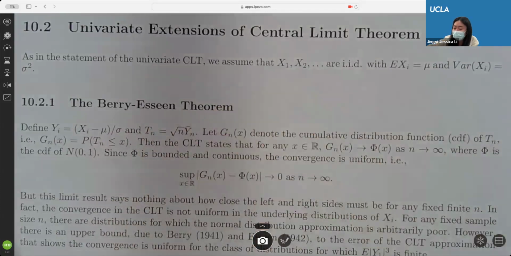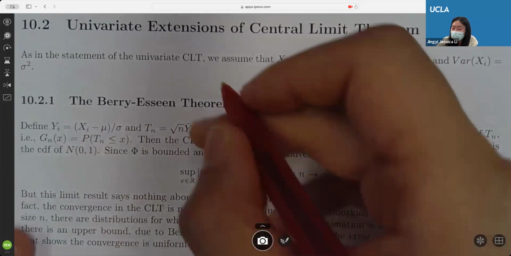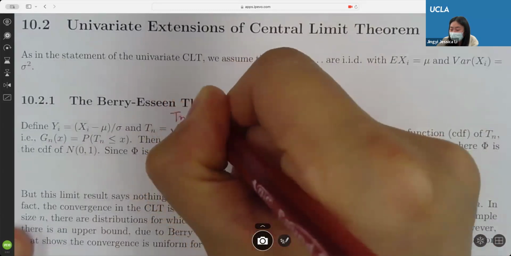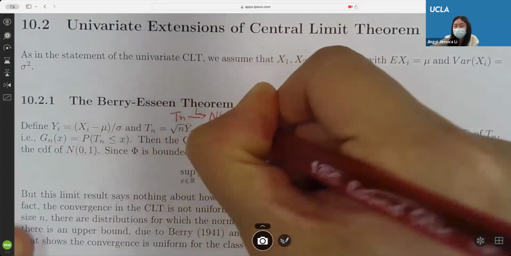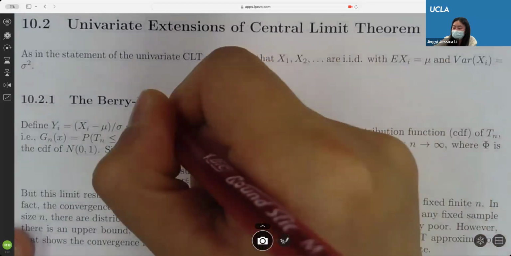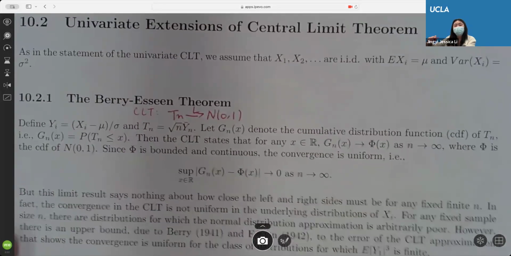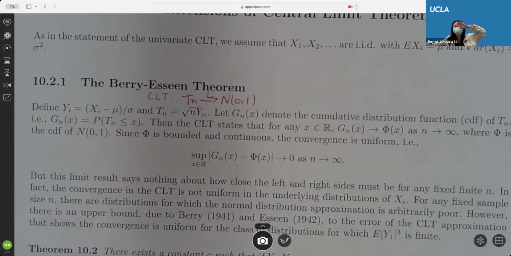Essentially, the central limit theorem tells us Tn converges in law to the standard normal. Now the Berry-Esseen theorem gives us the distance between the CLT's limit, the standard normal, and Tn's actual distribution.